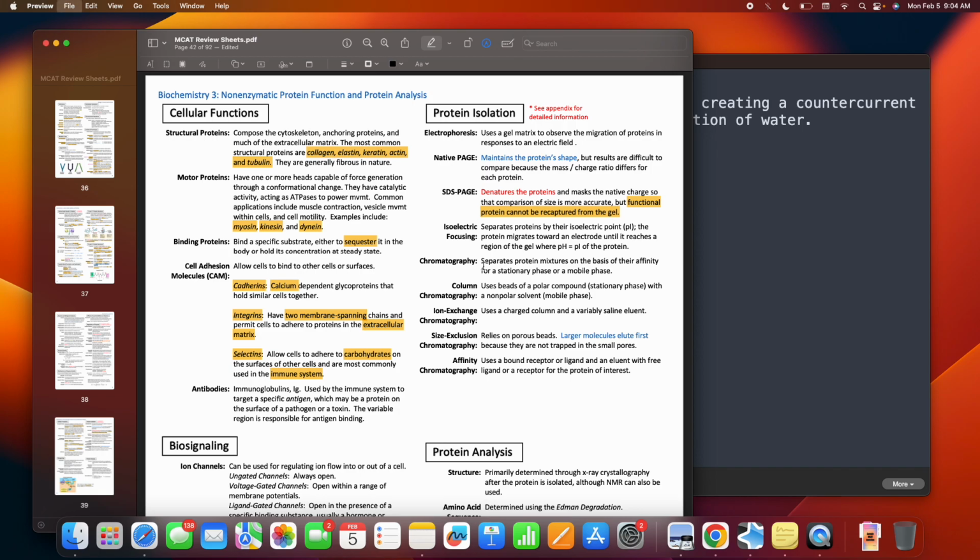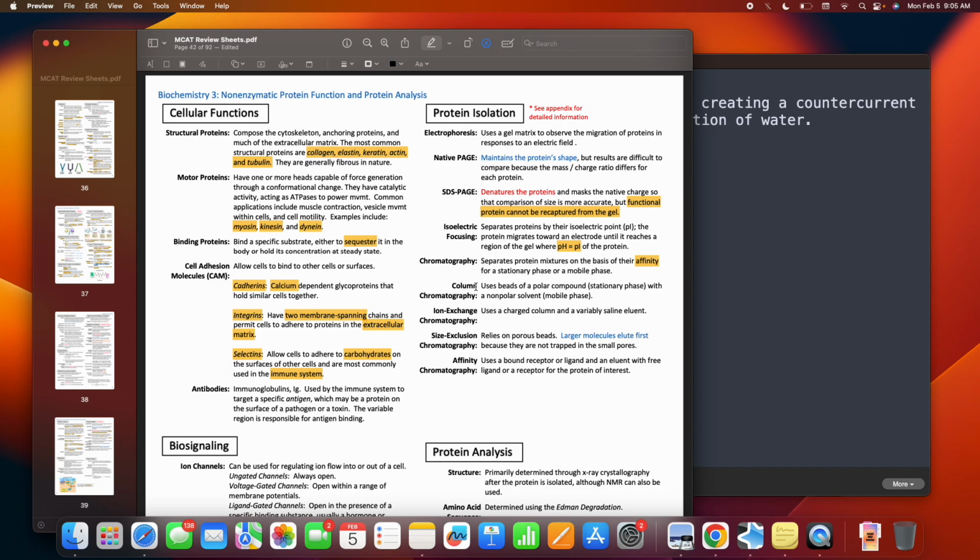Chromatography separates protein mixtures on the basis of their affinity. So affinity for a stationary phase or a mobile phase. Okay, so this affinity should be based on probably charges.